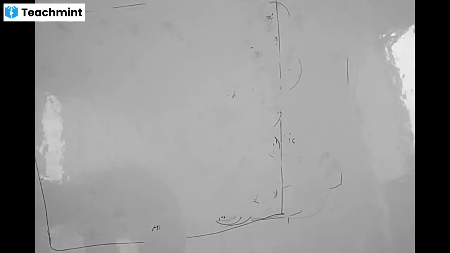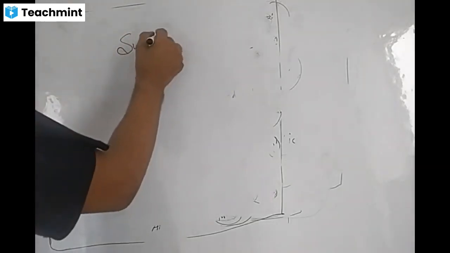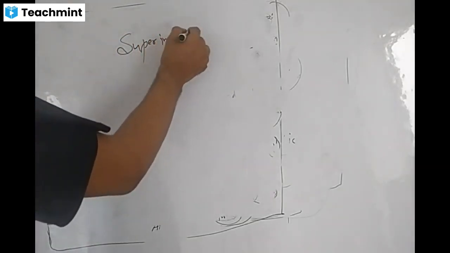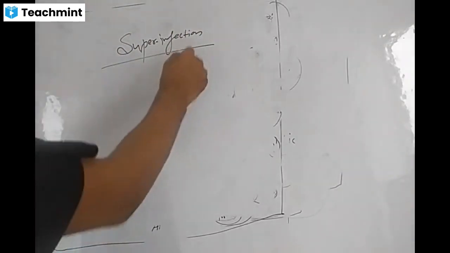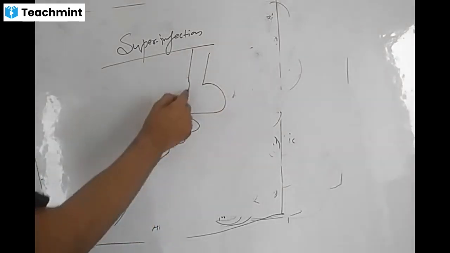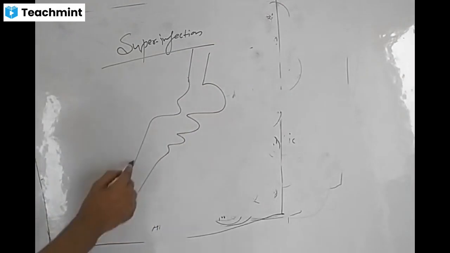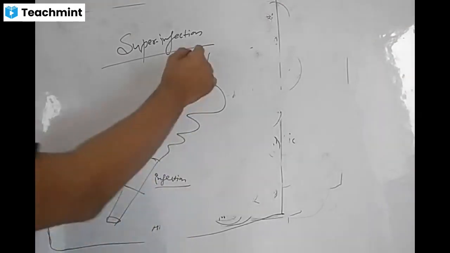Then adverse reaction. One term is super infection. Super infection means, suppose in case of GIT, this is the part where there is infection present.